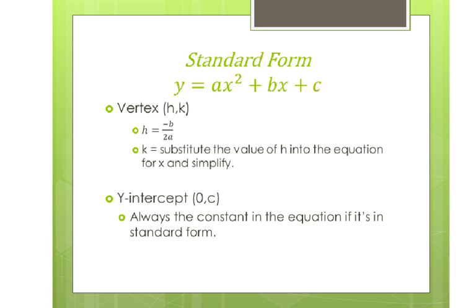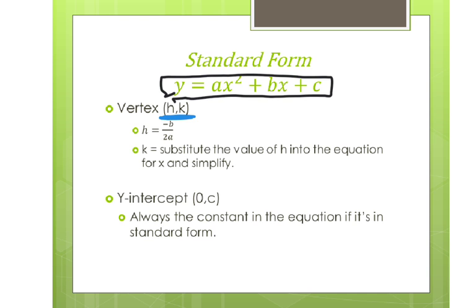So now we're going to look at finding our vertex and our y-intercept when our equation's in standard form, both things that we have talked about before. So once again, standard form is this y equals ax squared plus bx plus c. So the first thing we're going to find is our vertex. And remember, when we talked about our vertex in vertex form, we used the variables h and k.